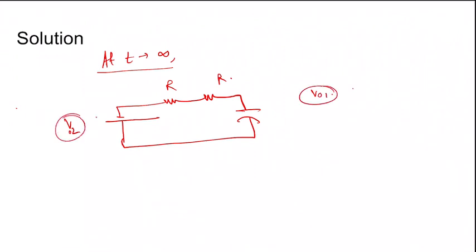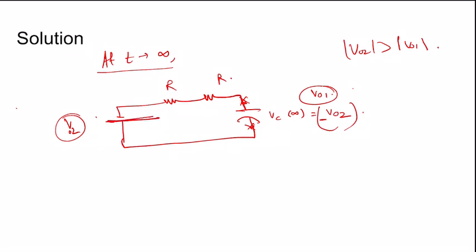This V02 is greater than V01 in magnitude, so finally this capacitor will be open circuited and Vc infinity will be equal to V02 but with a minus sign, since this is the polarity.